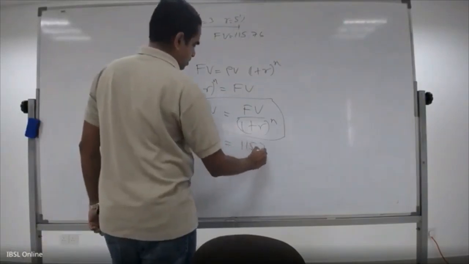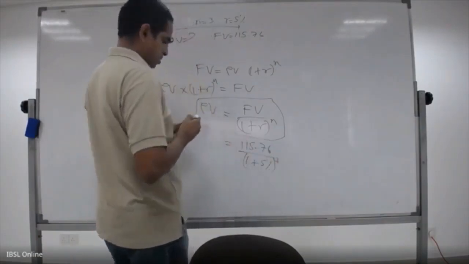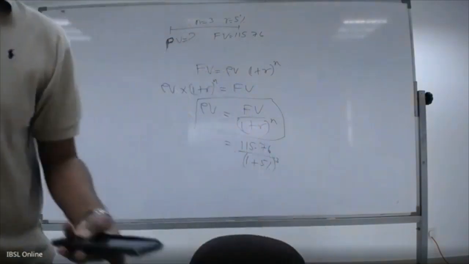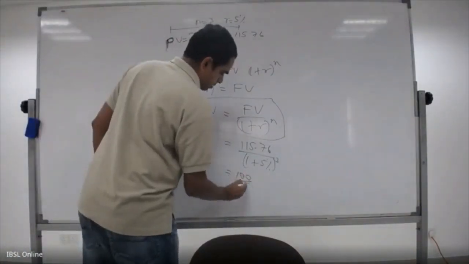It will be 115.76 divided by 1 plus 5% cubed. You get a present value of 100.